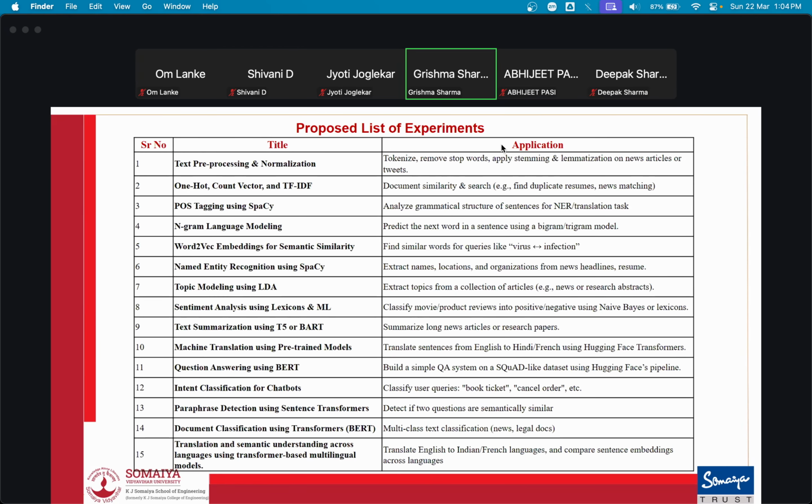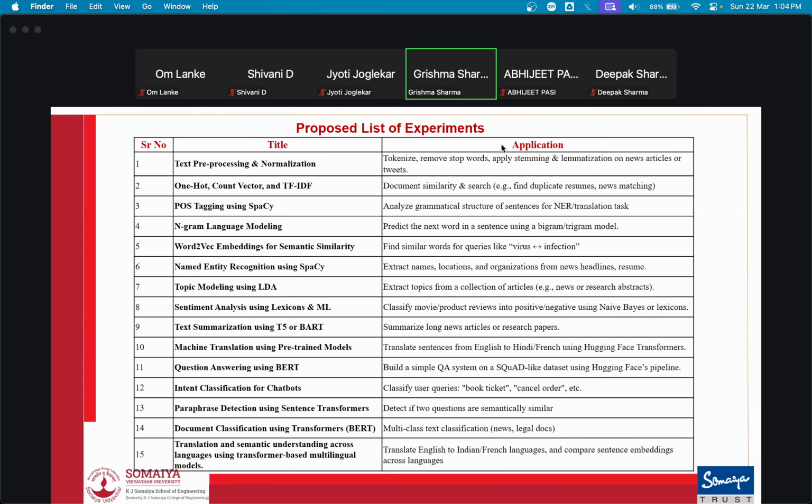And these are the proposed list of applications. These are the proposed ones, so we can change the list according to the different models we come across. Starting from basic document similarity, pre-processing, analyzing grammatical structures, predicting the next word, finding similarity, extracting named entities, classifying movies, summarizing long documents, and translating sentences from English to another language.